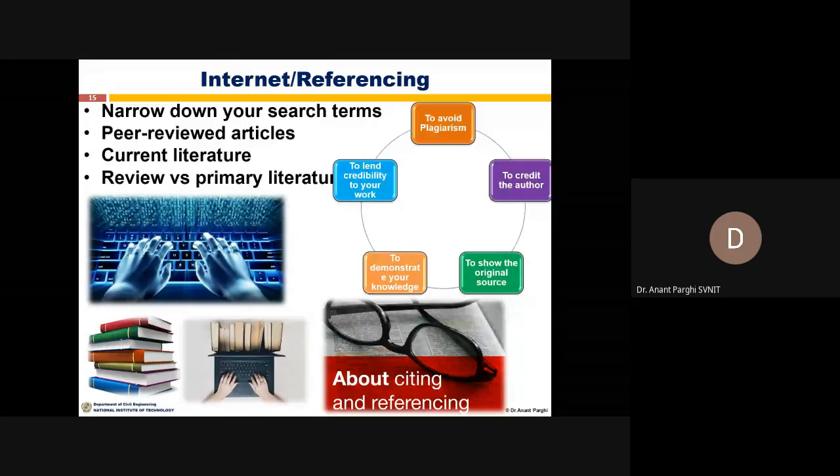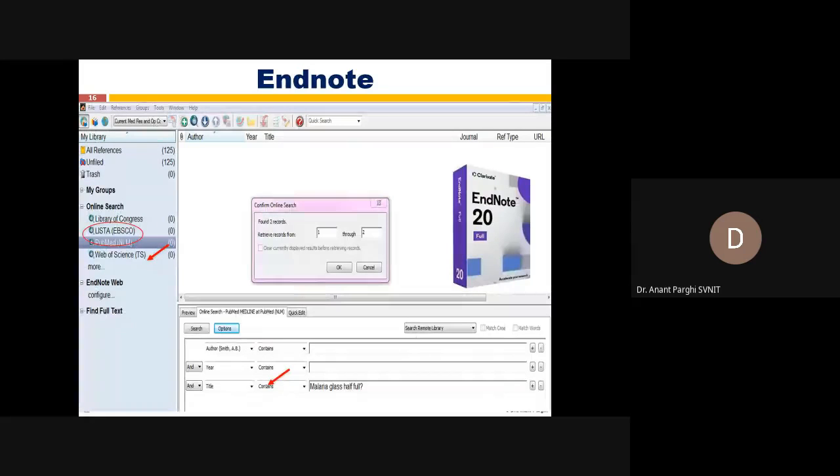Now here we are discussing references. Tomorrow we are going to discuss how to give references. You may be writing all the references manually, but you should write them using specific software.